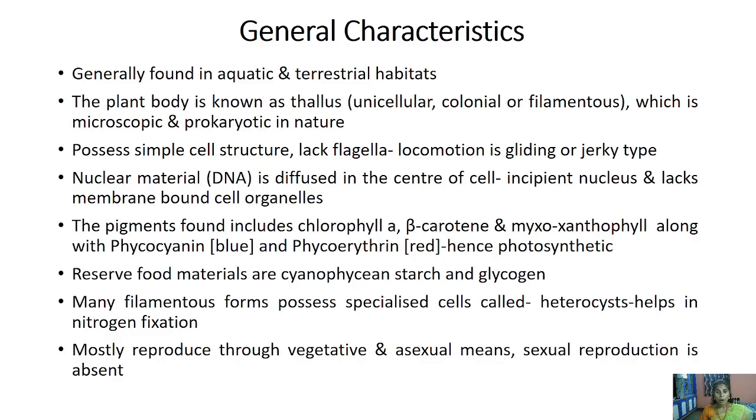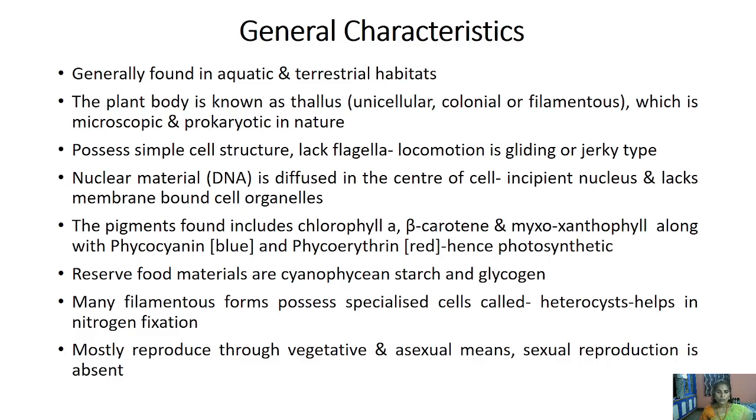Since they contain all these types of pigments, the cyanobacteria are photosynthetic in nature. As a product of photosynthesis, they form certain reserve food materials which are stored in the form of cyanophycean starch and glycogen.